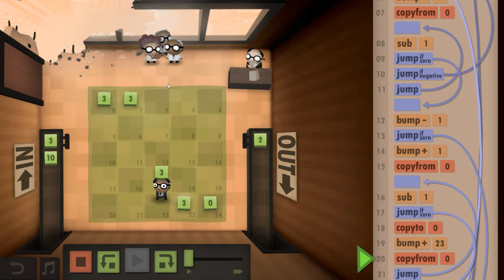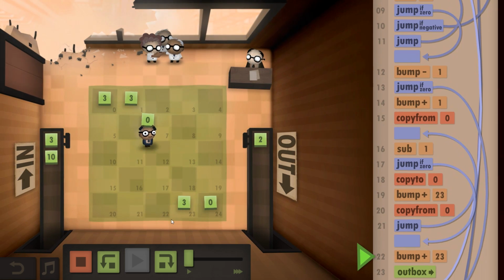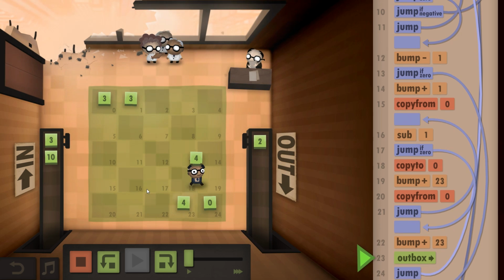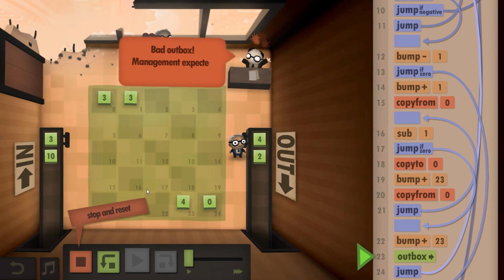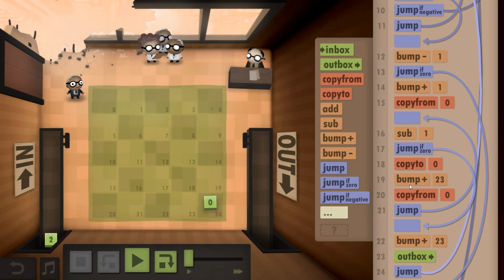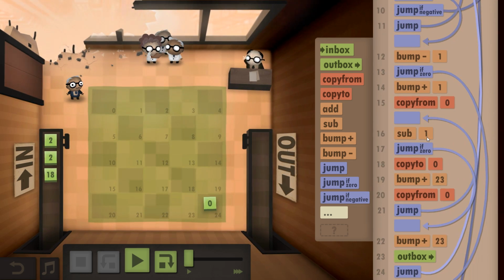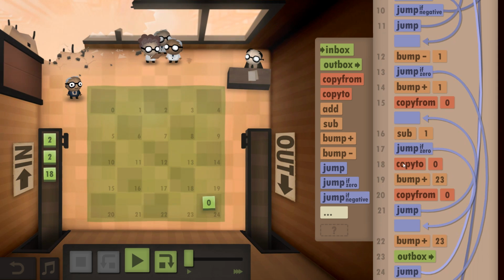Oh, I never reset that. The counter is wrong. That's where it fails. Is that the only part where it fails? That might be the only part where it fails. But I don't reset the counter. Where? Here.